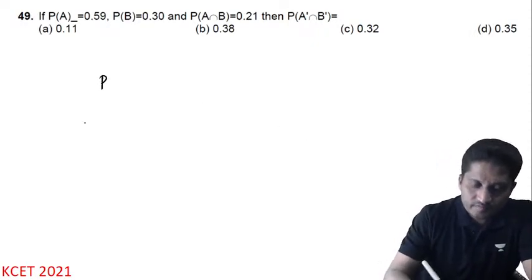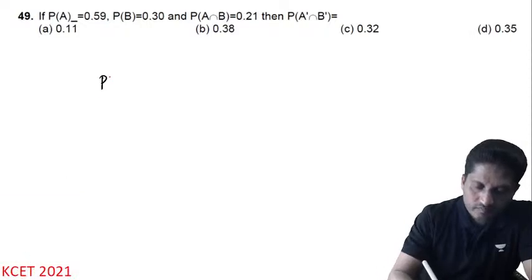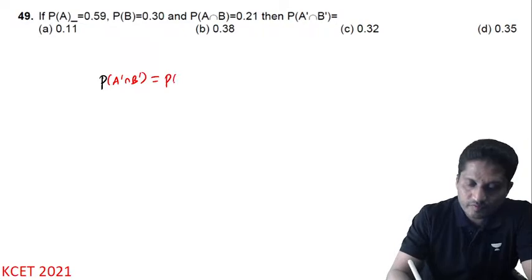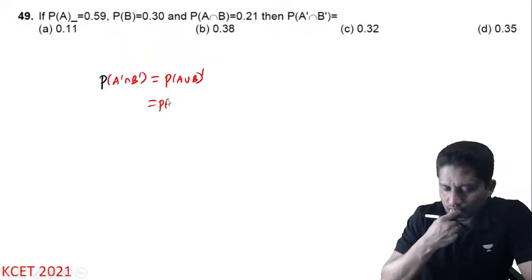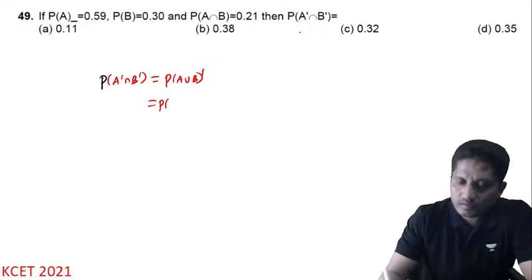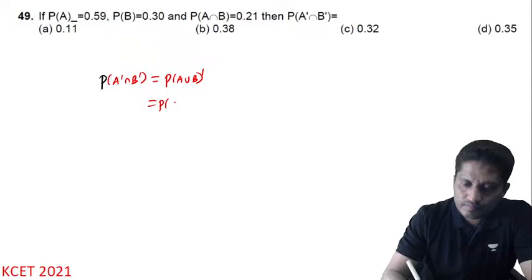P of A dash intersection B dash is the same as P of A union B whole dash. This is equal to P of A dash intersection B dash is equal to P of A union B whole dash.